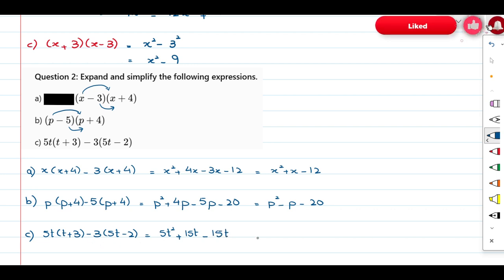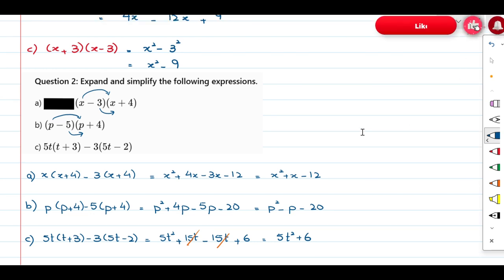Negative 3 times negative 2 is positive 6: negative times negative is positive, and 2 times 3 is 6. Now you can see positive 15t and negative 15t cancel out. So the simplified expression is 5t square plus 6.